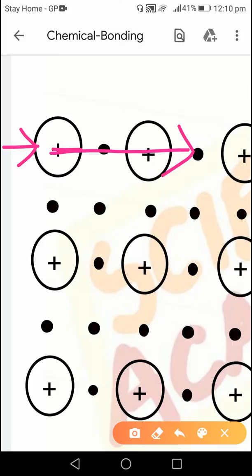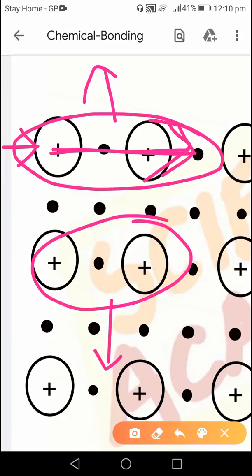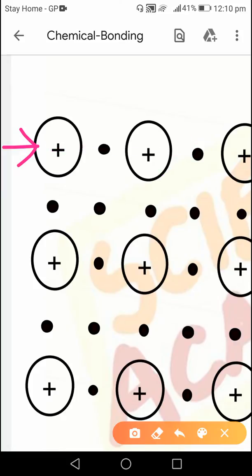This layer would get forced and would slide. But as we have seen in the case of an ionic bond, after just a small amount of sliding, the layers get disrupted, because same charges came beside each other. Due to repulsion, the layers disrupted, the structure disrupted.